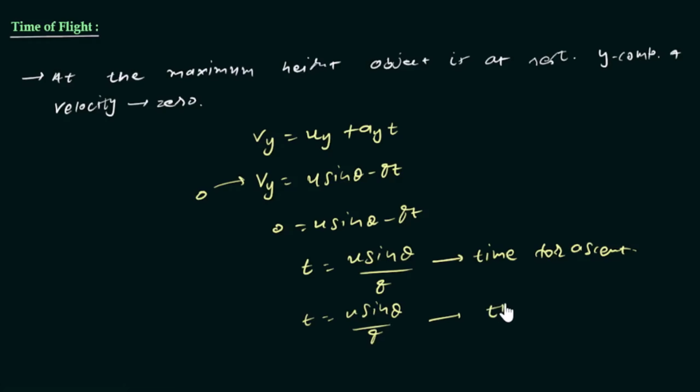So the total time of flight will be 2u sin theta divided by g.